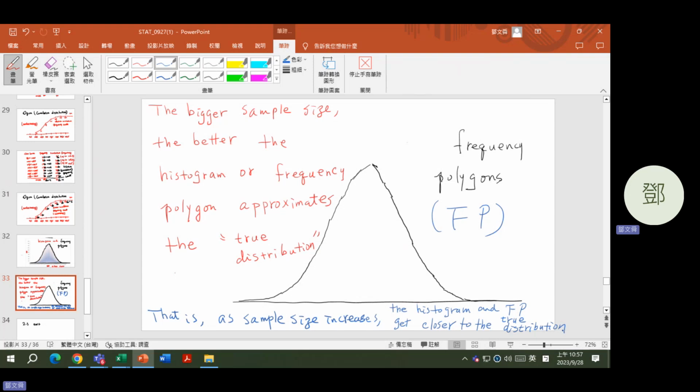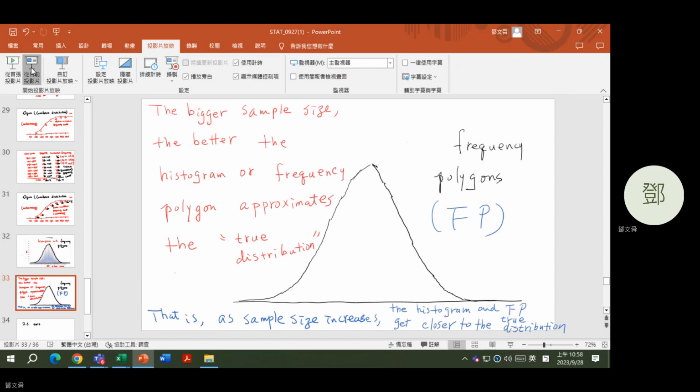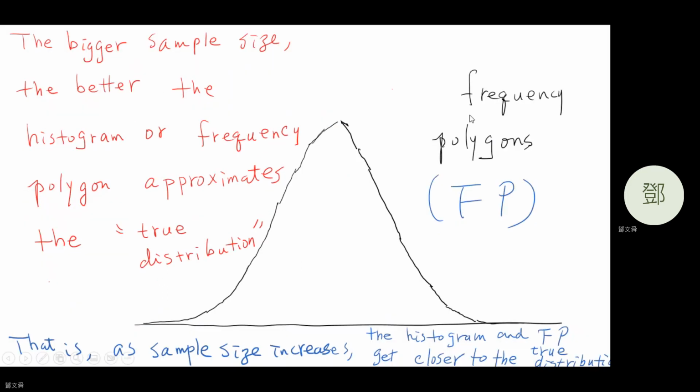And what I will ask is, what happens to the histogram and frequency polygon as the sample size increases? What is your answer?